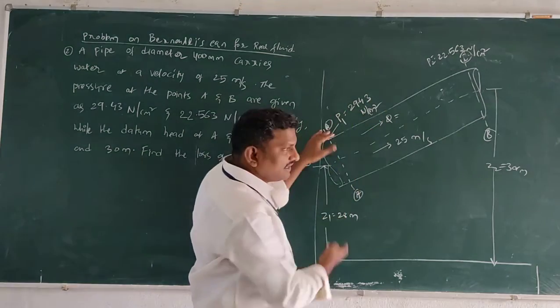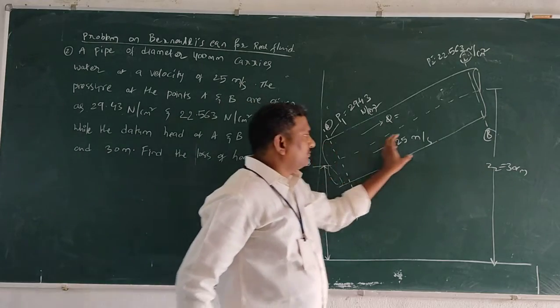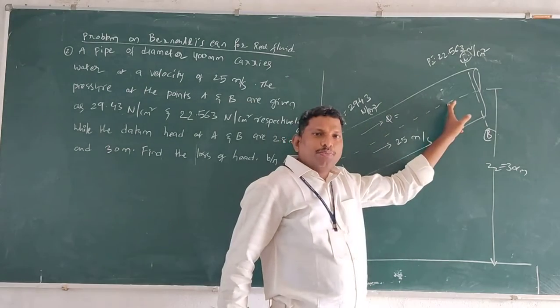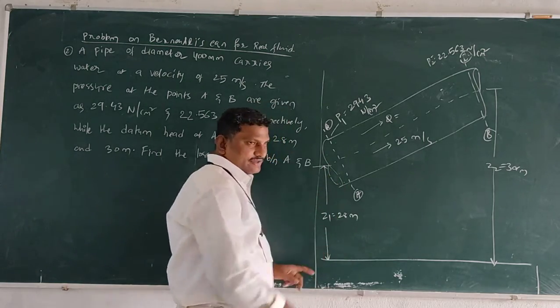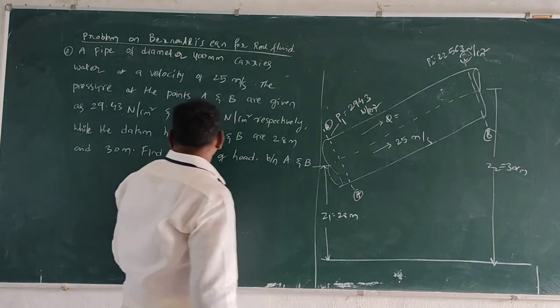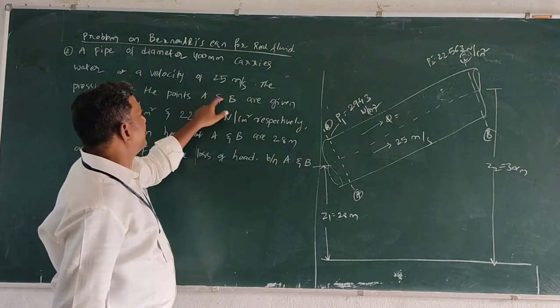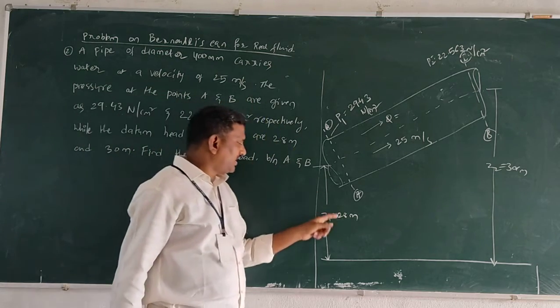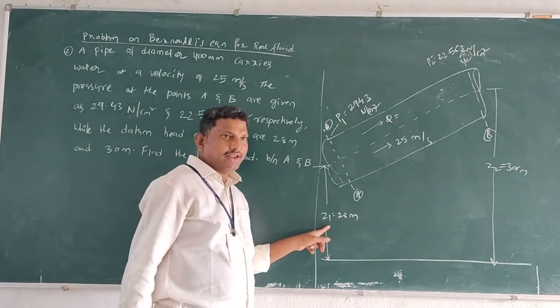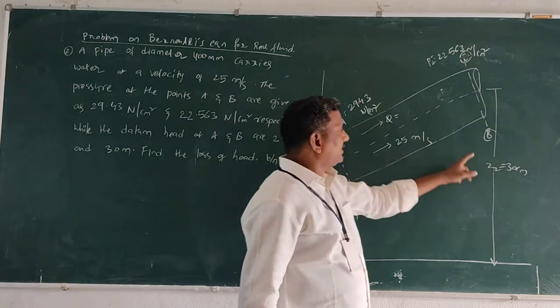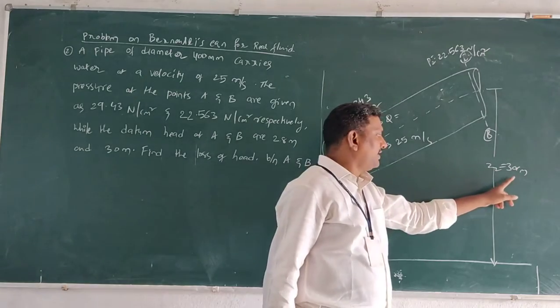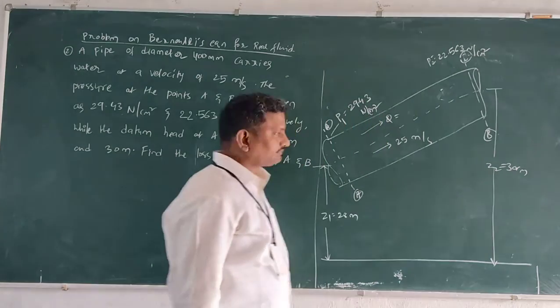Here we represent the pipe sloping in the upward direction with the help of datum heads. What is the datum head at section A? Datum head is 28 meters, and at section B the datum head is 30 meters.